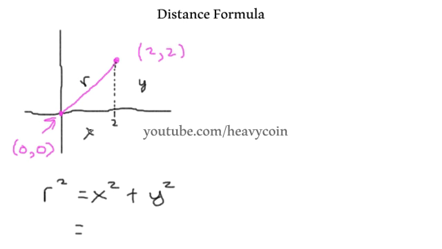Well, we know what x is. X is the distance between the origin and 2 on the x-axis. We'll call that the x-axis, and that the y-axis. Okay? Alright, so this would be 2 squared plus, and then y is this distance here, and we're going up 2 units, so I'll put a 2 right here.